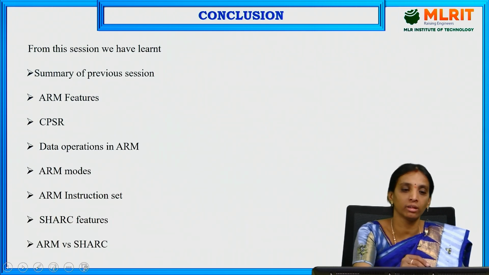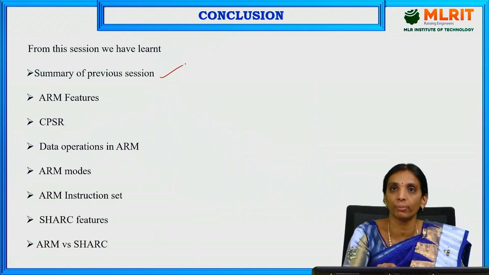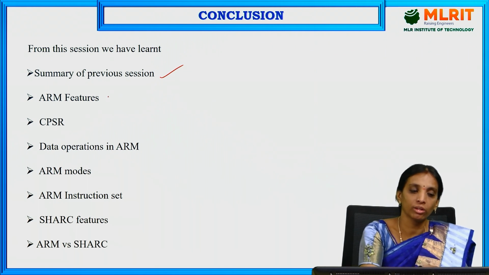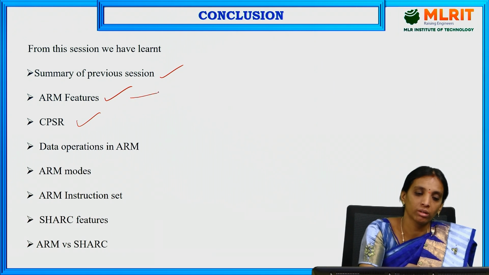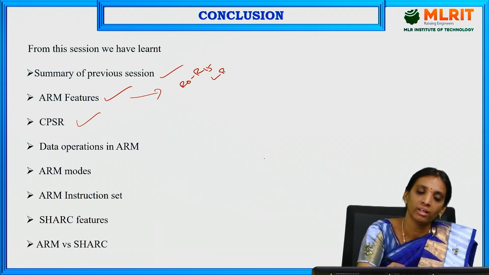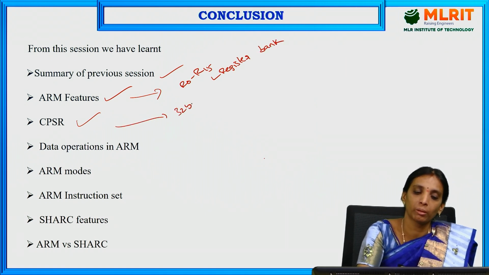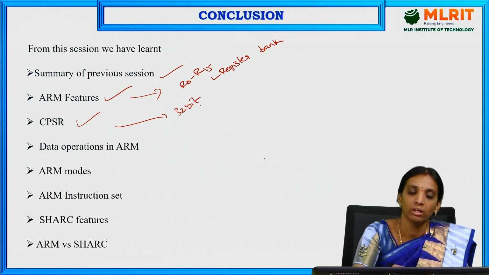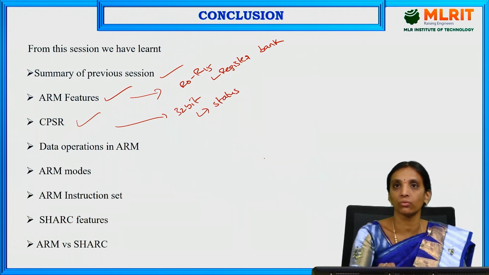In this session we discussed the summary of the previous session, and then the advanced microprocessor, which is ARM. What are the ARM features, and what are the special registers in ARM. In the general purpose registers, we have R0 to R15, which is called the register bank, and the CPSR is the special purpose register, a 32-bit register used for indicating the status of the instructions executed in the processor.